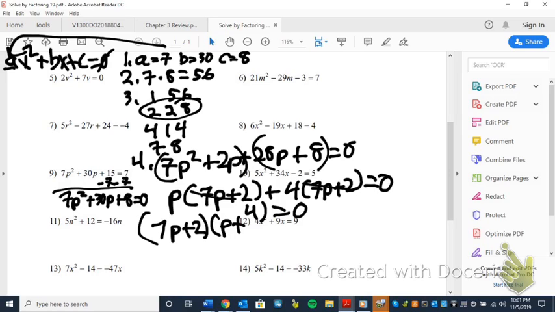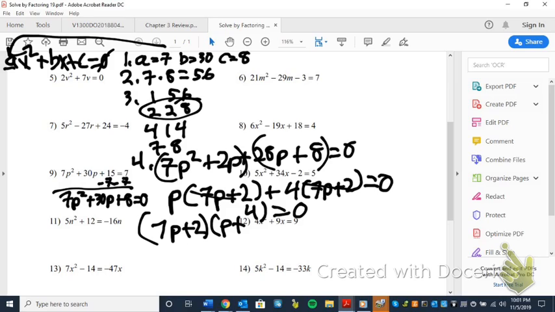So people who are much smarter than I am came up with this process of factoring. And what this does is it allows us to boil the problem down to this multiplication problem. So remember back in Algebra 1 when you FOILed things? And in one of my classes, someone said, well, if we just multiplied those two together, we'd be back where we started. Exactly. So what we're doing is we're pulling apart a quadratic equation.